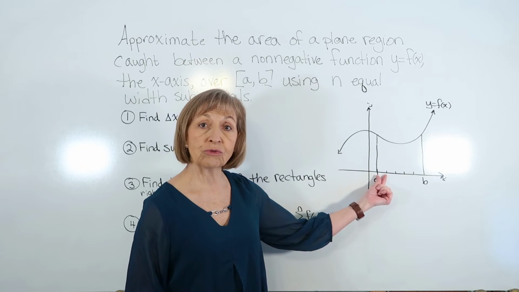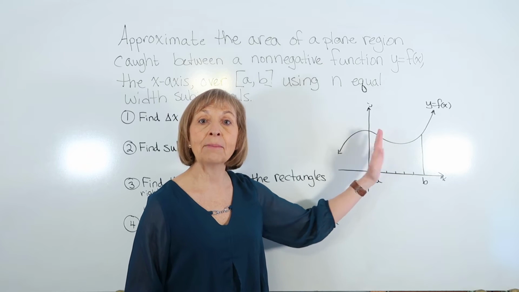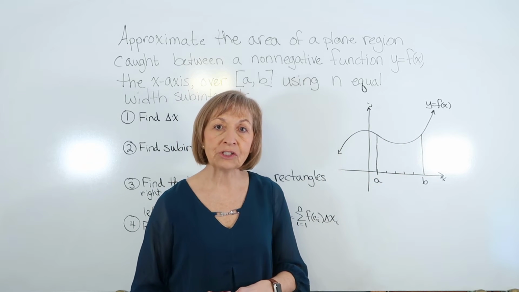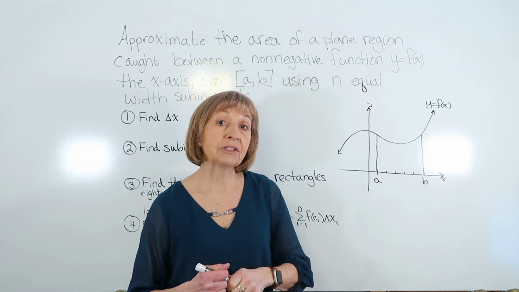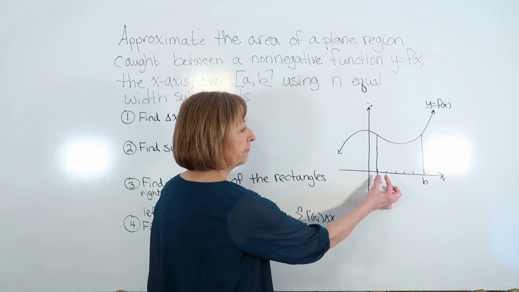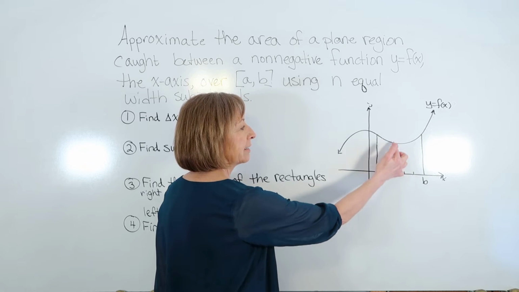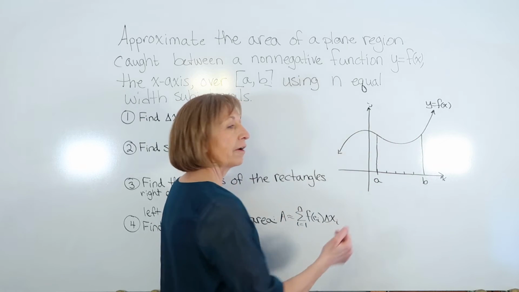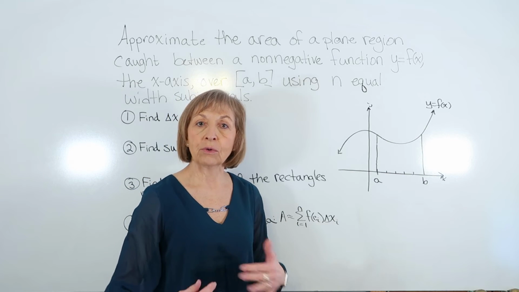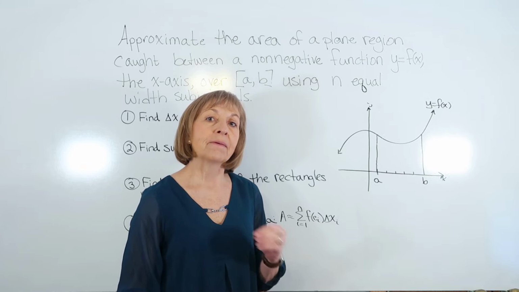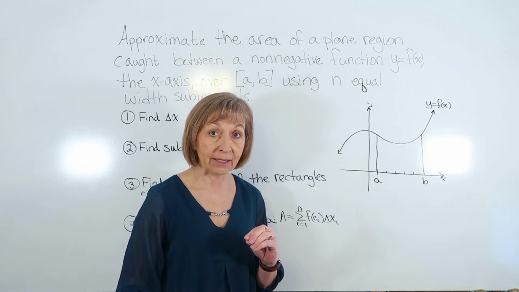Well, then we want to draw rectangles that somehow get an approximate fill for this region. What we're going to do is find our subintervals, and then take vertical lines up to the function on whichever endpoint we're deciding to use, and then make that the top of our rectangle.